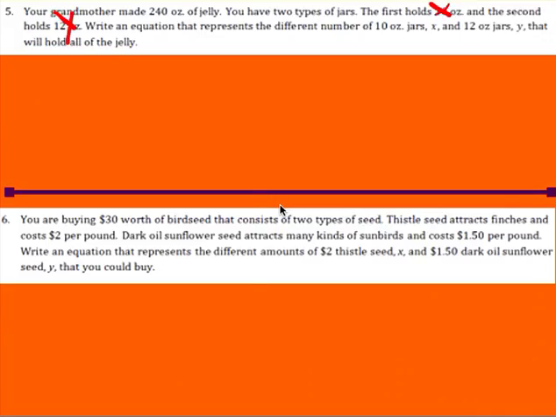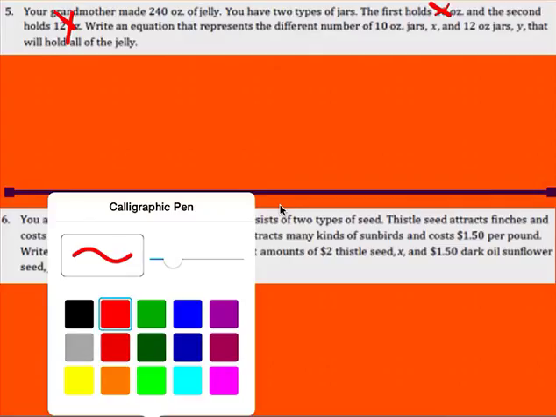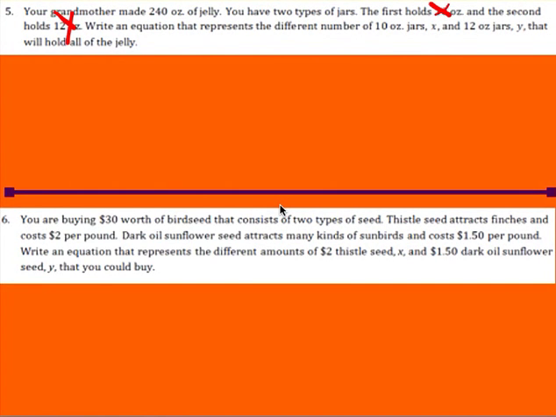Okay? So if you think back when I first introduced standard form to you, I told you guys that standard form is used to represent word problems. So all we have to do to write the linear equation is to set this up in standard form. For every X amount of 10-ounce jars we have, it's going to hold 10 ounces.